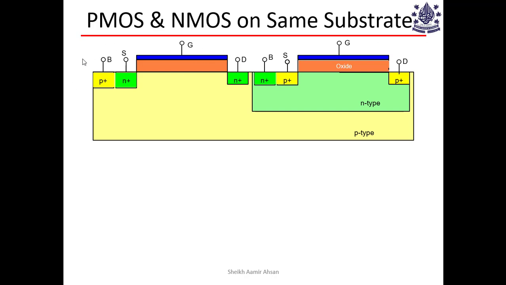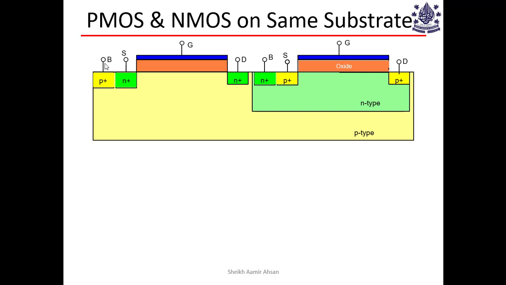And in the previous lecture, we discussed that this body for an NMOS has to be connected to the most negative voltage because we want to reverse bias these PN junctions. So the junctions between source and body and drain and body have to be reverse biased all the time. Otherwise, you'll have leakage currents flowing. You don't want that. Therefore, this terminal here has to be connected to the most negative voltage.